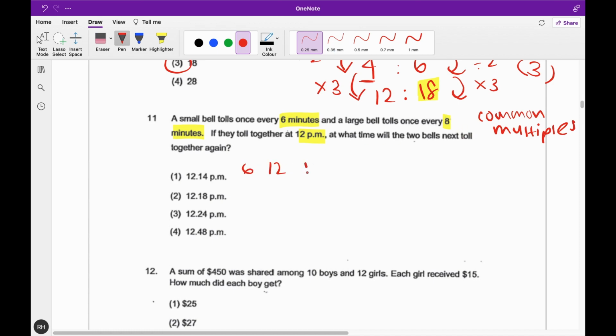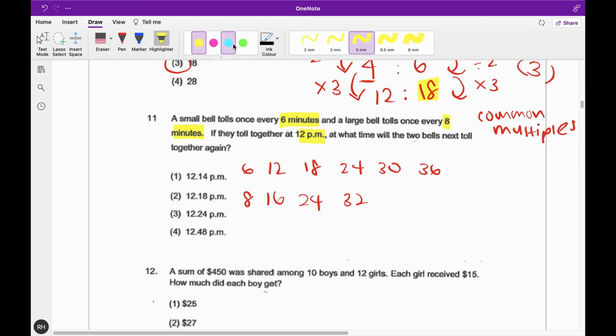So 6, 12, 18, 24, 30, 36. 8, 16, 24, 32. You'll realize that the first common multiple is 24. So what this means is that after 24 minutes, they will ring together. So 24 minutes after 12 p.m., these two bells will ring together. So the answer will be 12:24. Answer is option 3.